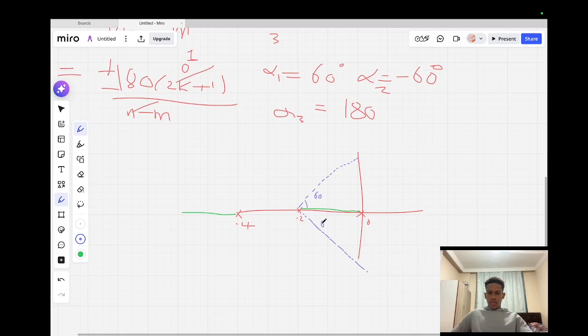And here we have minus 60 degrees. And the third angle is equal to 180 degrees.